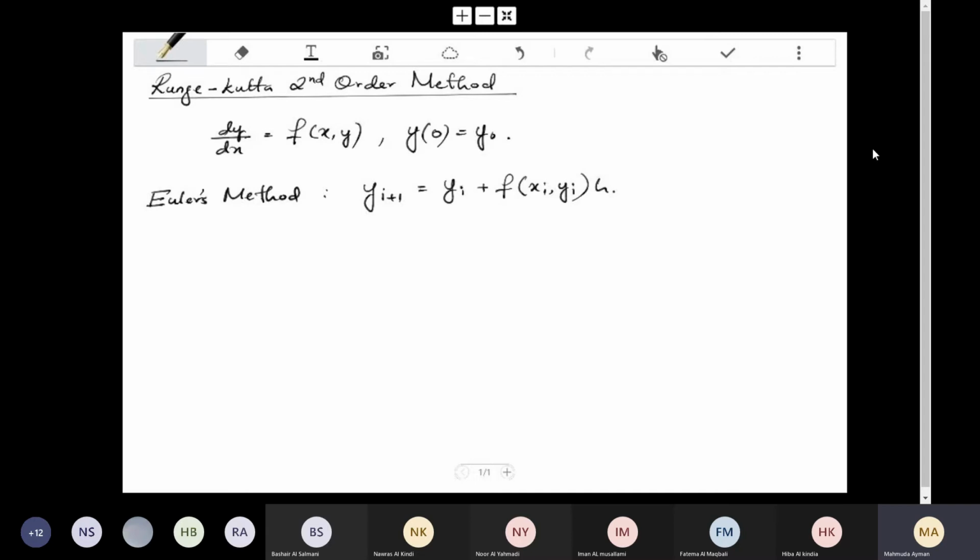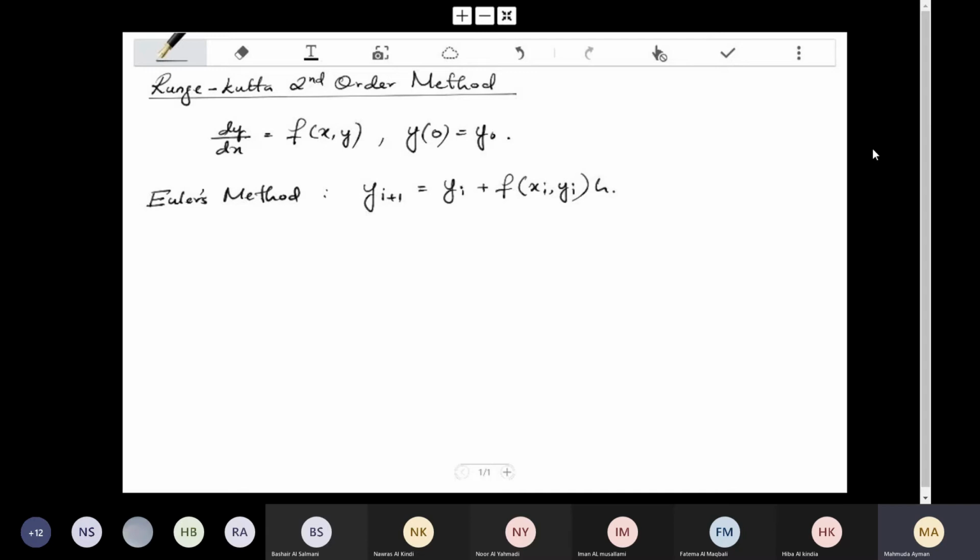So that's what Runge and Kutta did. In order to find a better method, they discovered the Runge-Kutta second order method, and to do that we need to use something called the Taylor series.